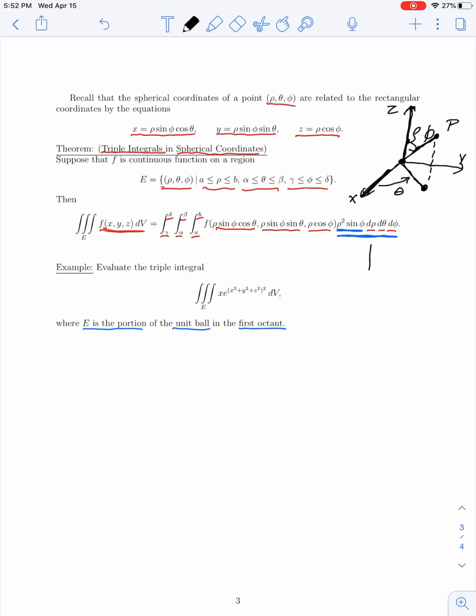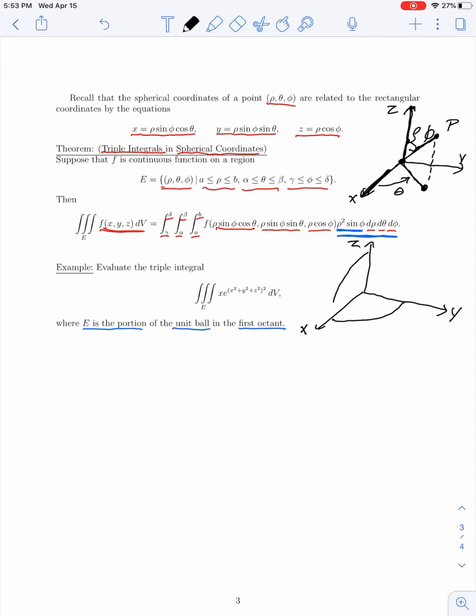So let's see if we could visualize that region. Our first octant is described by the positive x, y, and z axes. And we're looking at the part of the unit ball which lies in this octant. So visualizing this, its boundary is the sphere of radius 1.